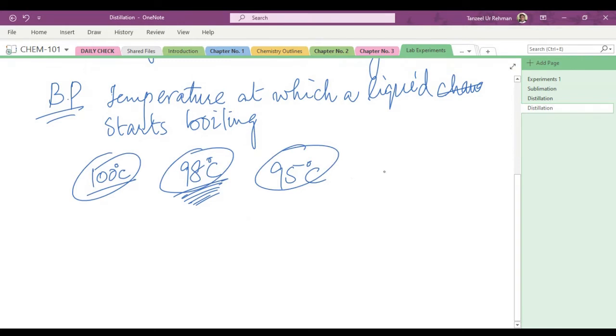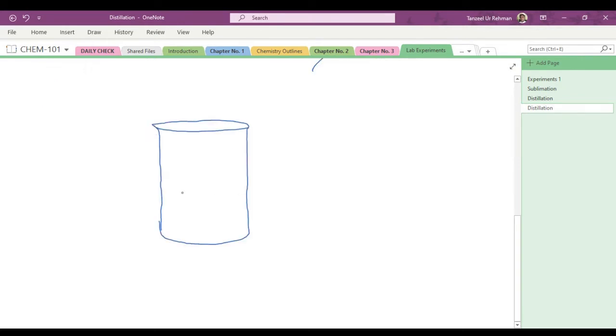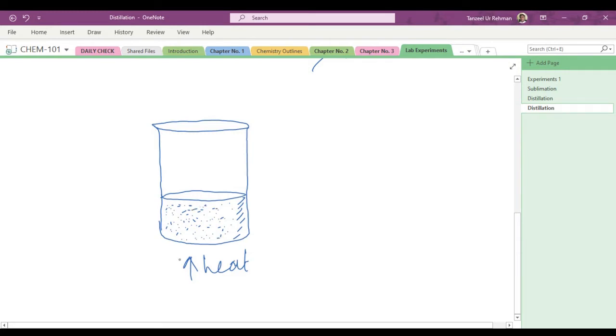Why? I take water. Okay, so in water there are water molecules. Definitely. Now there is a force of attraction between these molecules. When I heat this water, what happens? Kinetic energy of these molecules increases. So speed of these molecules starts increasing.